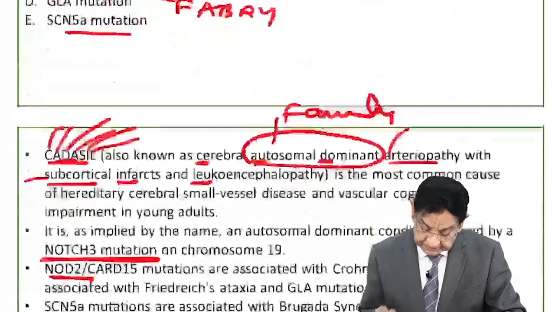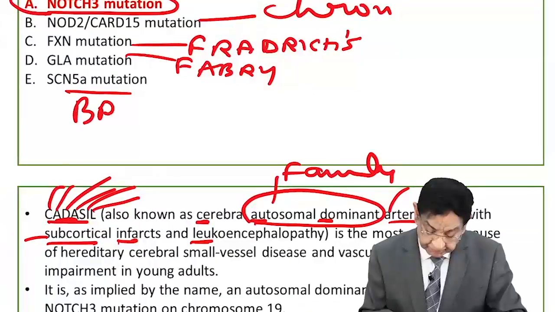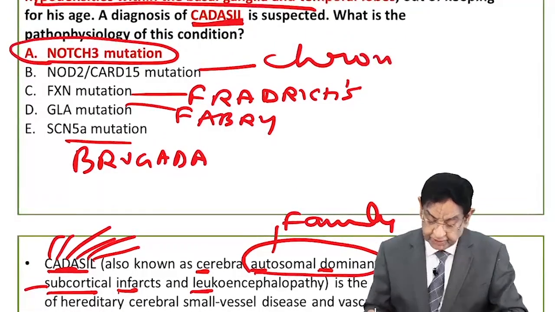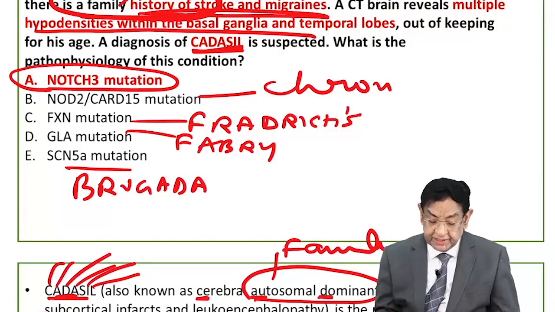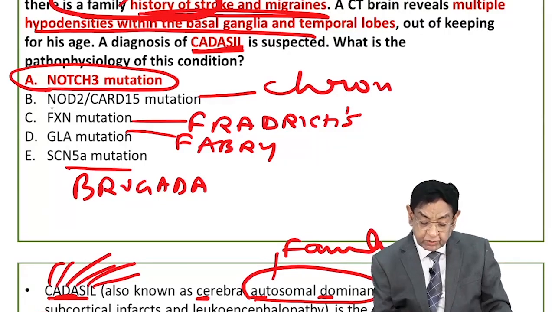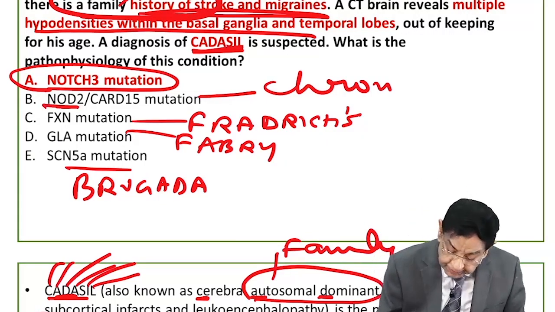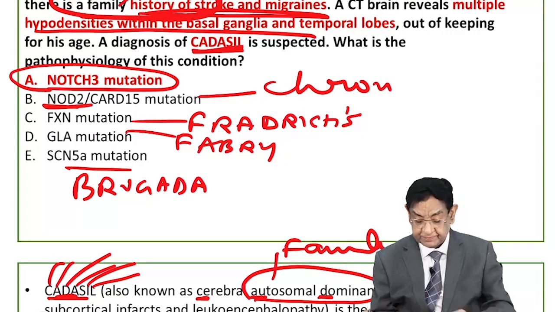And SCN5A is seen in Brugada syndrome. So this is the summary: Notch 3 is for CADASIL, Notch 2 for Crohn's, FXN for Friedreich's, GLA for Fabry's, and SCN5A for Brugada.